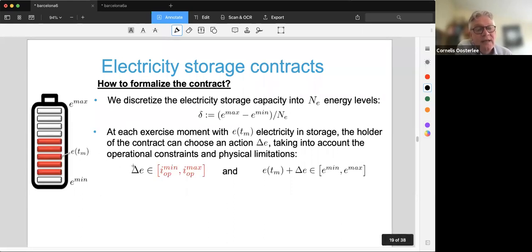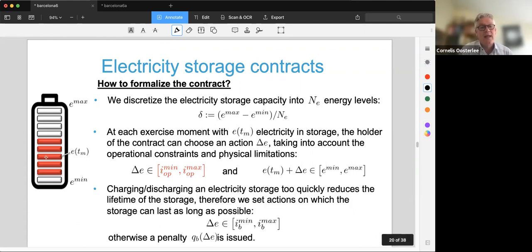The operating limit says something like it should be in this range. And then we have charging and discharging an electricity storage too quickly. That will reduce the lifetime of the storage. So therefore, we set actions on which the storage can last as long as possible. So delta E should be within some limits. Delta E should also be within some other limits.